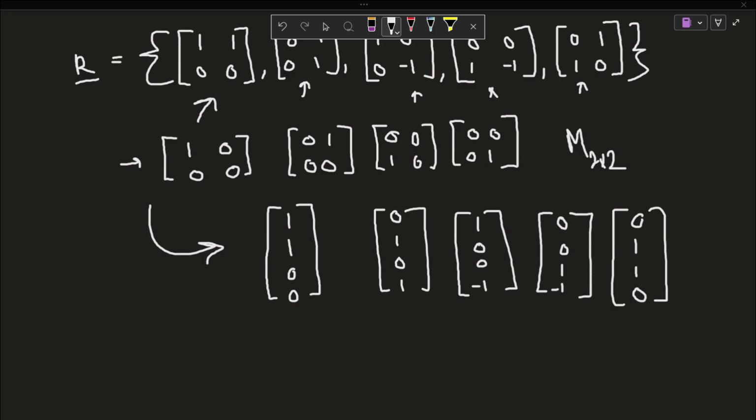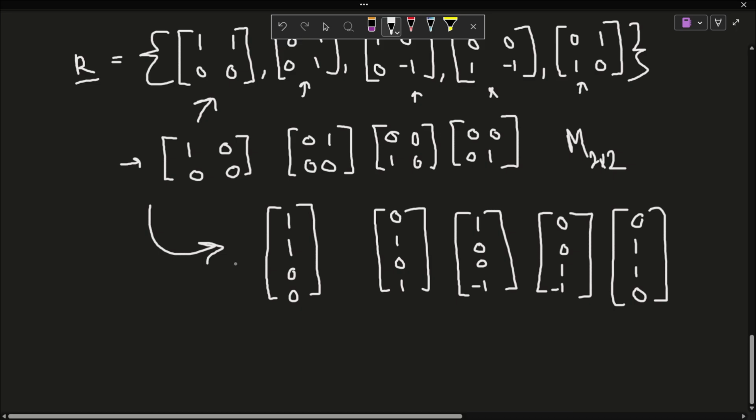Okay? And that gives us one more theorem. So if you have a set of some number of n-tuples, and if you have a matrix that has all of the n-tuples as its rows.